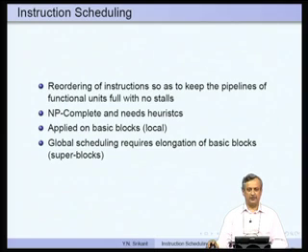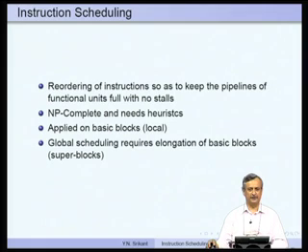To recapitulate a little bit, instruction scheduling is nothing but reordering of instructions, so as to keep the pipelines of functional units full and make sure that there are no stalls. This is an NP complete problem, as are actually all good problems in computer science.